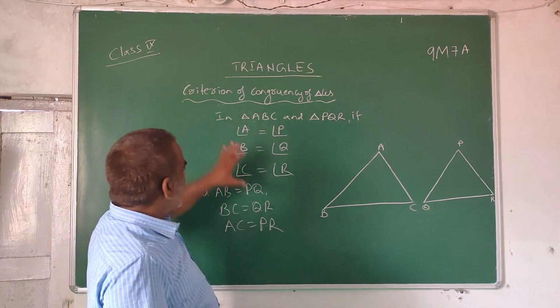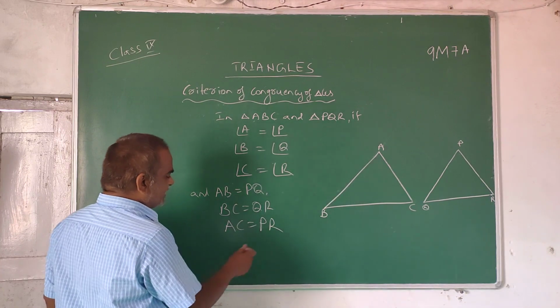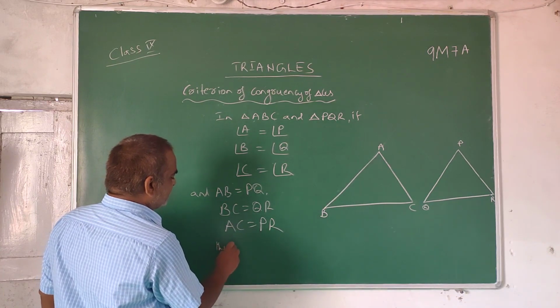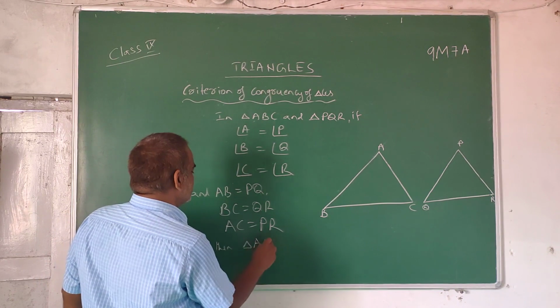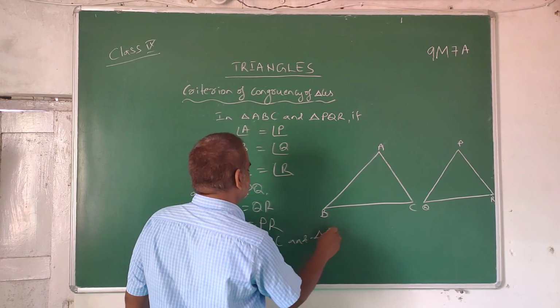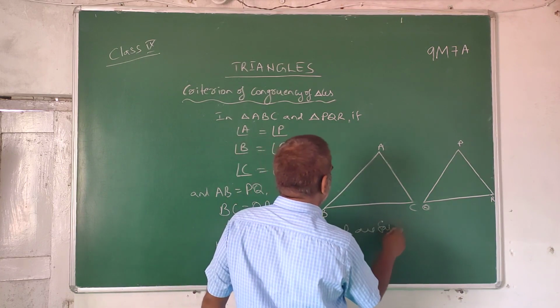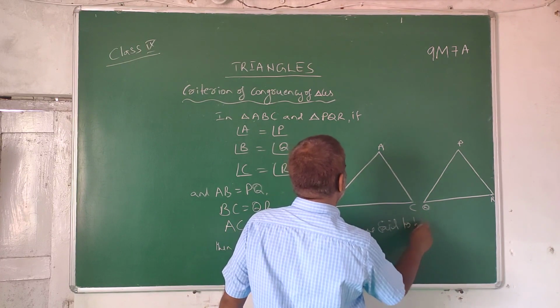The corresponding angles are equal and the corresponding sides are equal, then triangle ABC and triangle PQR are said to be congruent triangles.